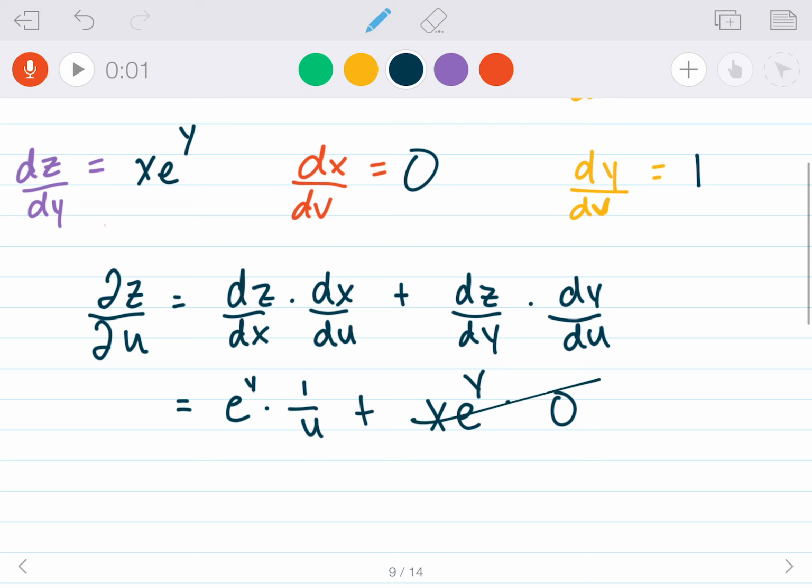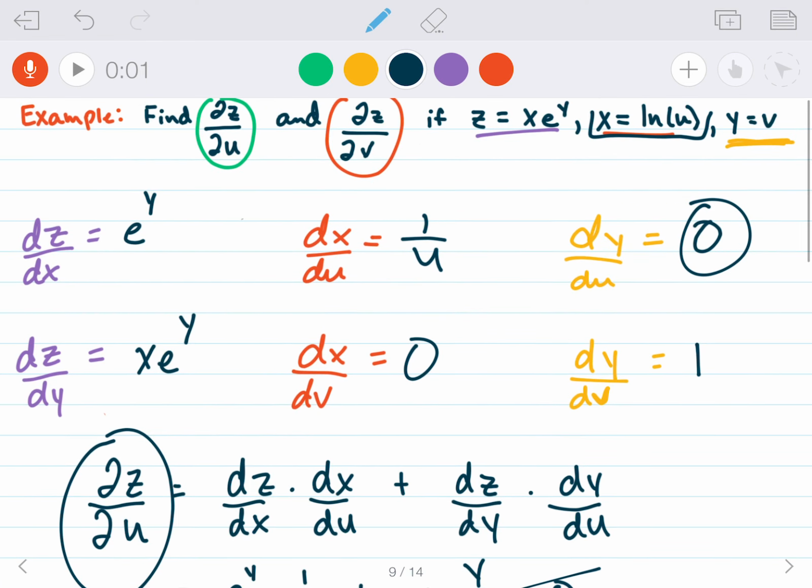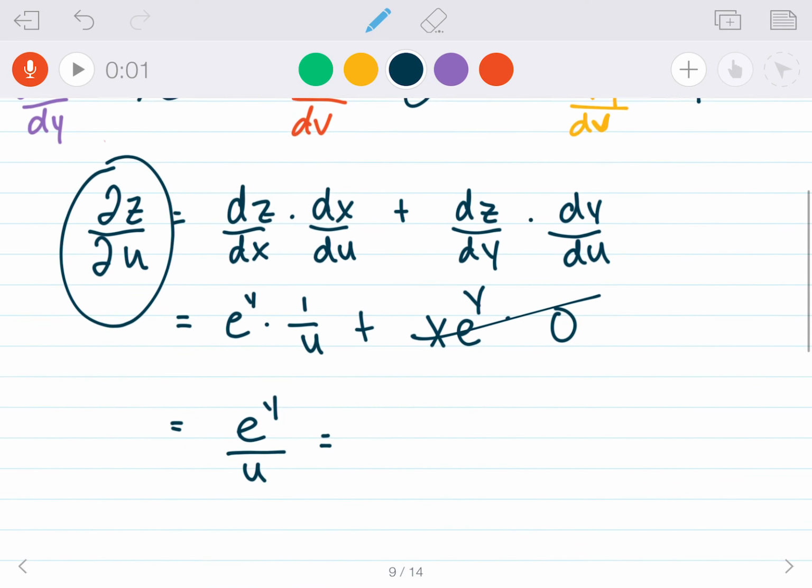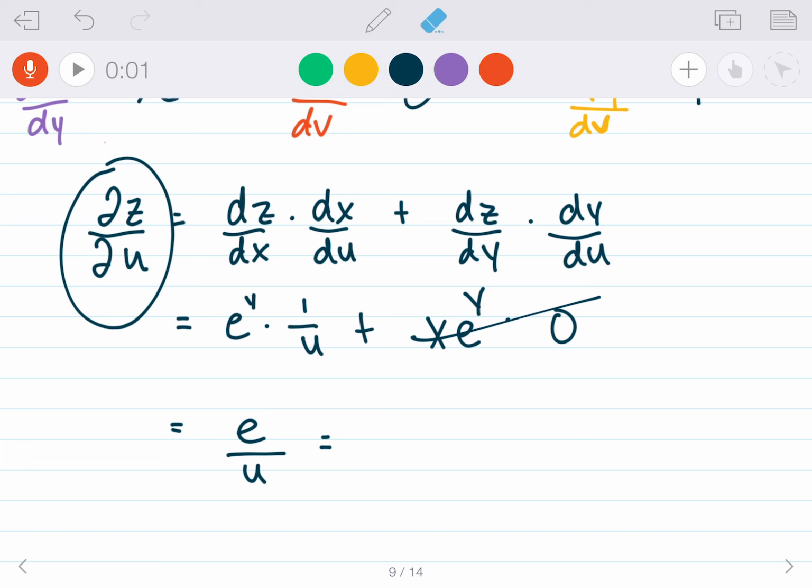Alright, so that clears to 0, and I'm just left with e to the y over u, and y, remember, we want this to be in terms of u's, right? So we want to get rid of the y. So the y was defined to be v, so we want it to be in terms of v's and u's, I should have said. So let's go ahead and sub in v for y, and we get e to the v over u. And that is my partial of z with respect to u.